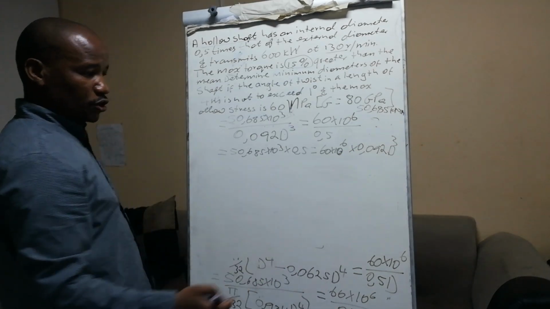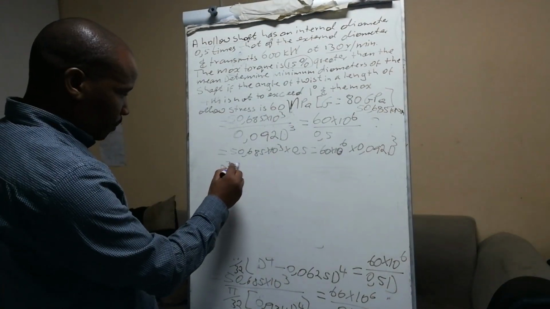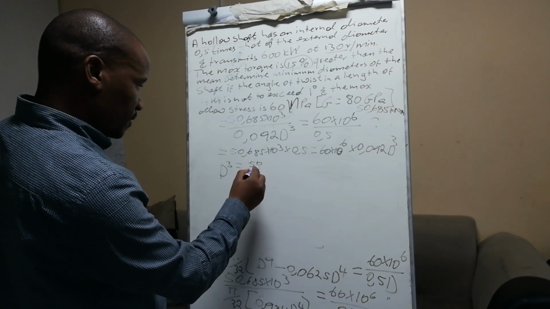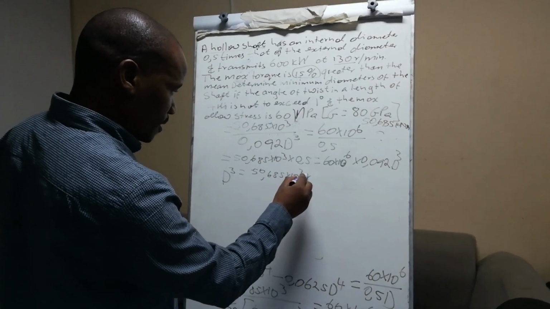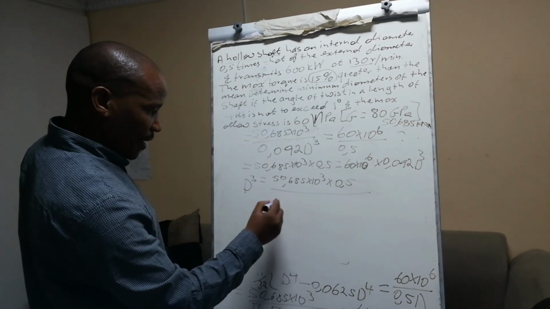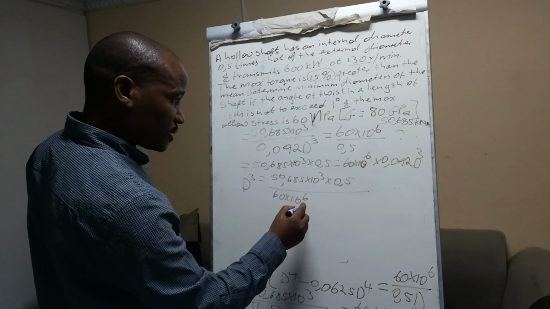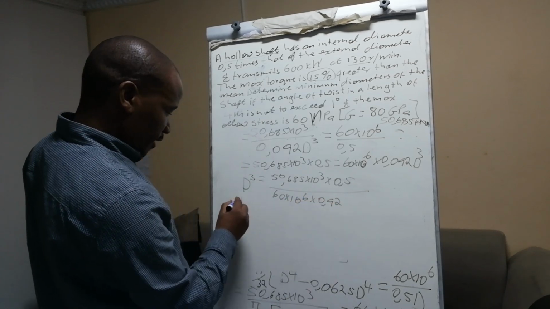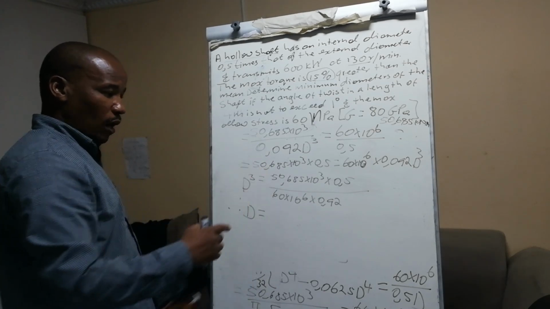I'm just going to make D cubed the subject of the formula. D cubed is equal to 50.685 multiplied by 10 to the power 3 multiplied by 0.5 divided by 60 multiplied by 10 to the power 6 multiplied by 0.092. Therefore, the big D is equal to what?